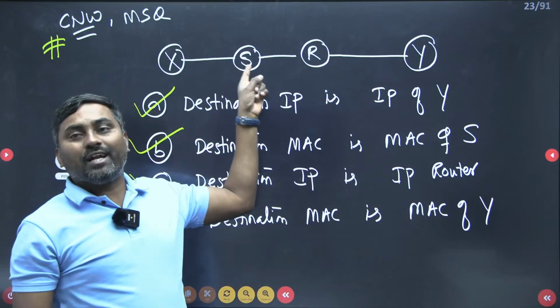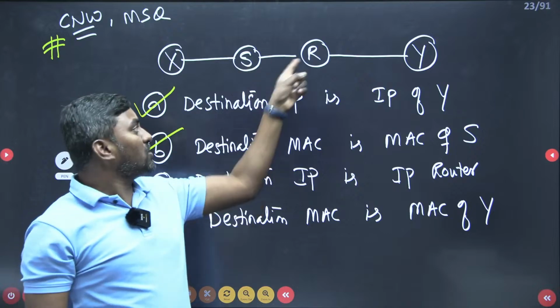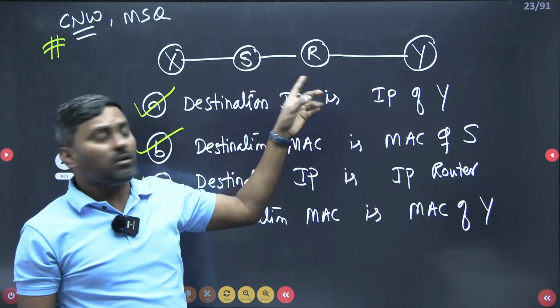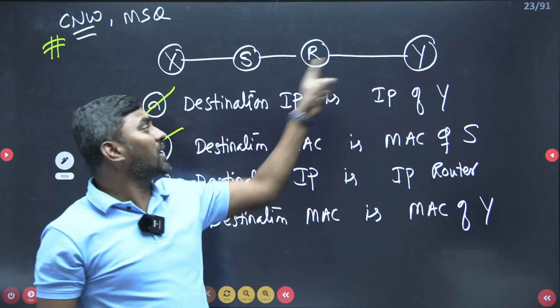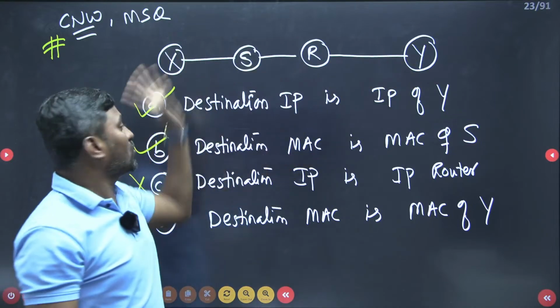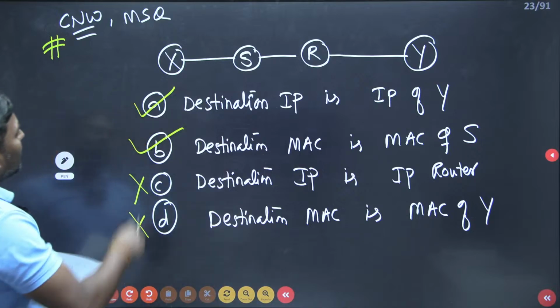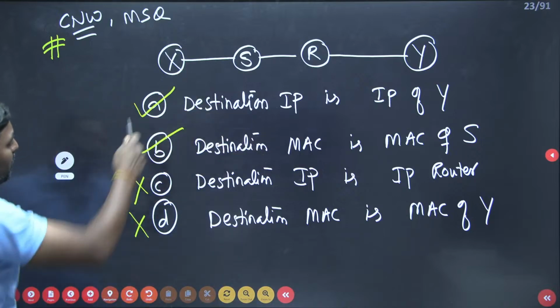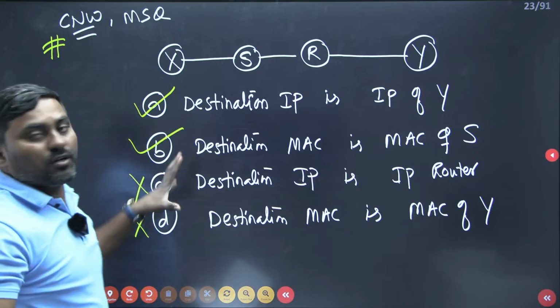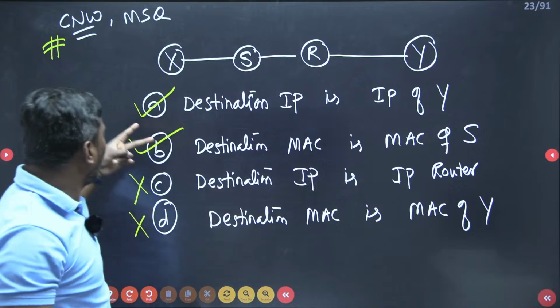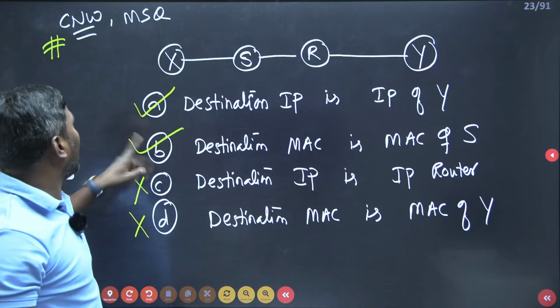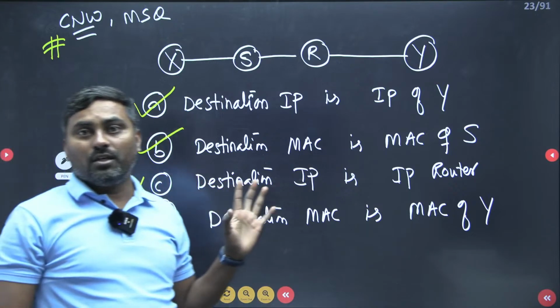Then this switch gets the MAC address of the next nearest one, the router. When this router broadcasts, it gets the MAC address of Y, not the source. Hence, as per this data, options A and B are the correct answers. The options might be jumbled here and there, but two options are correct, A and B. I hope you understand the solution.